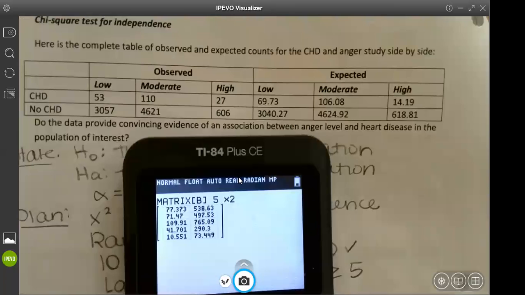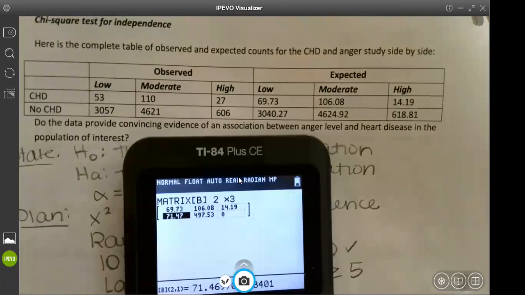Edit B. Also 2 by 3, 69.73, 106.08, 14.19, 30, 40.27, 4624.92, 618.81.